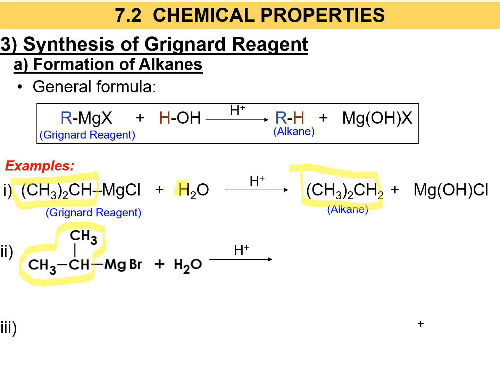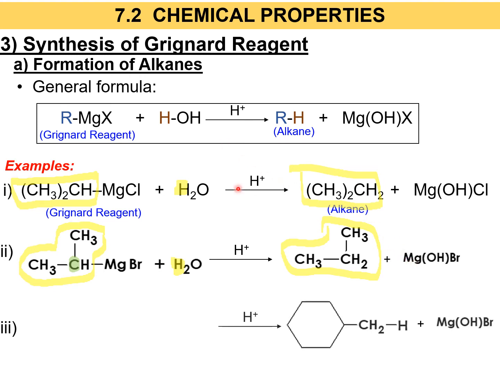Because this carbon atom will be the one yang akan accept the hydrogen atom at this H2O. Okay, therefore, daripada satu je hydrogen, now dapatlah dua hydrogen. Okay, so this is the alkane yang terhasil from this Grignard reagent. And this is the side product yang terhasil.